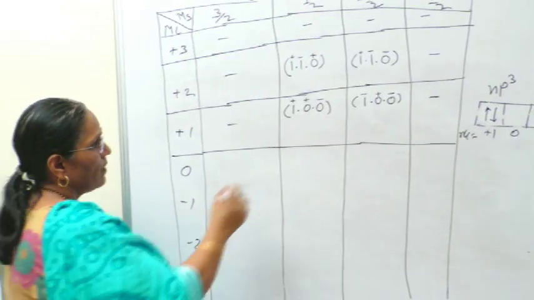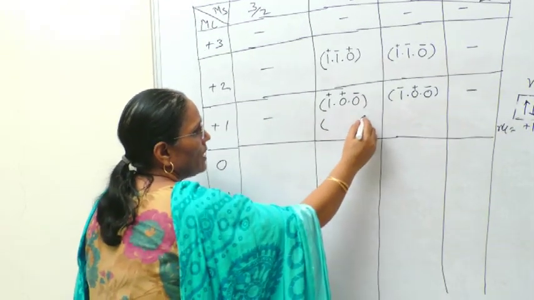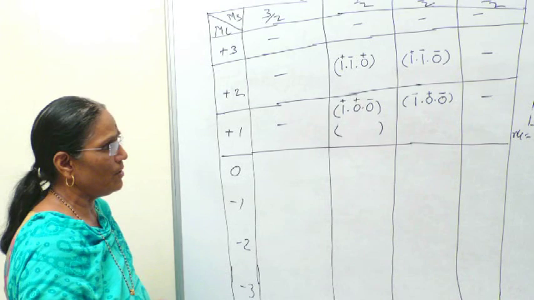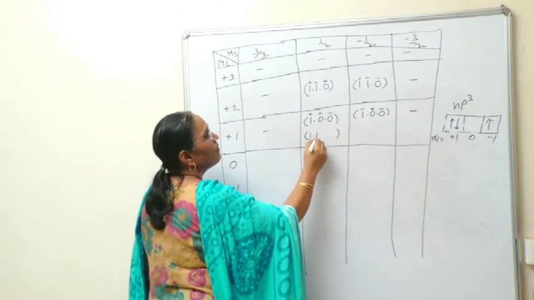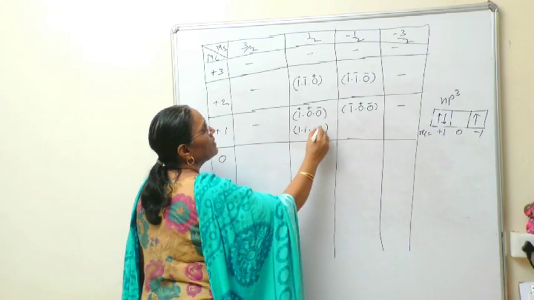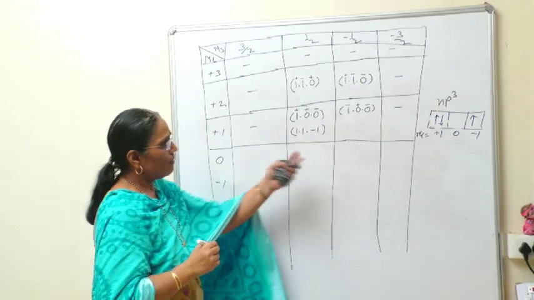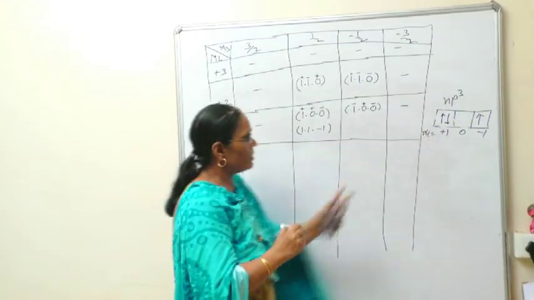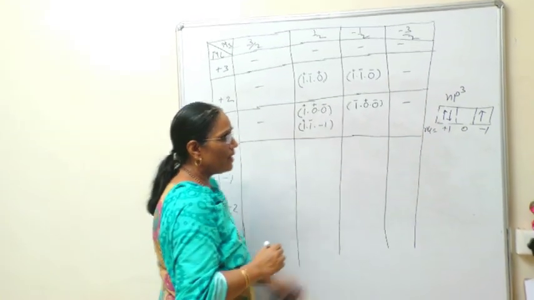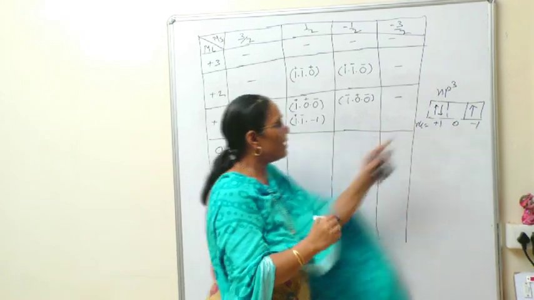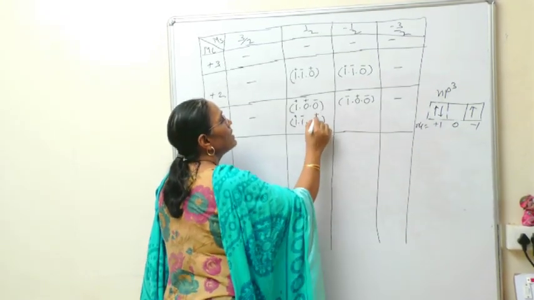So one more microstate we get at this position, and that microstate can be shown as 1, 1 and minus 1. In this orbital, 2 electrons: the first plus 1/2, the second minus 1/2, and in minus 1 ml the spin is plus 1/2.